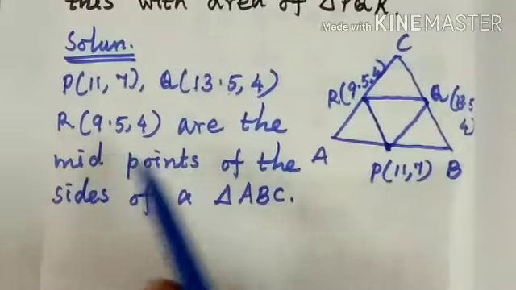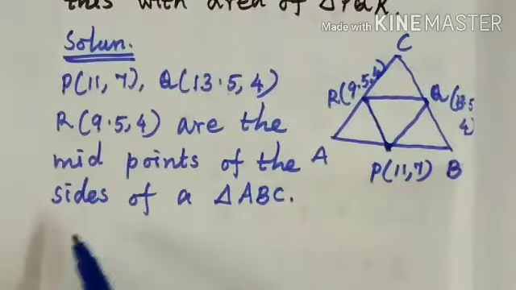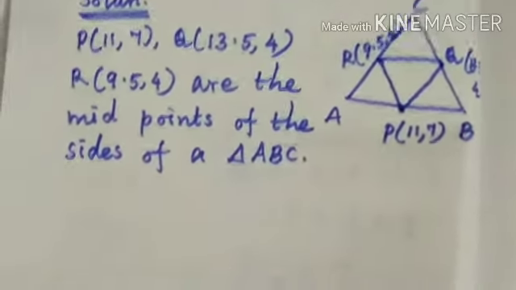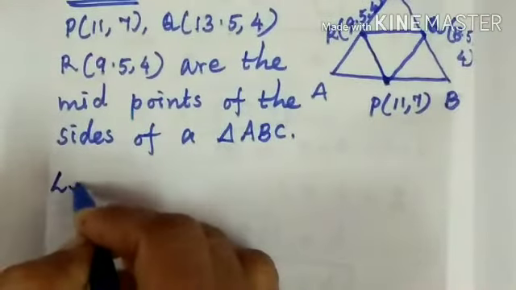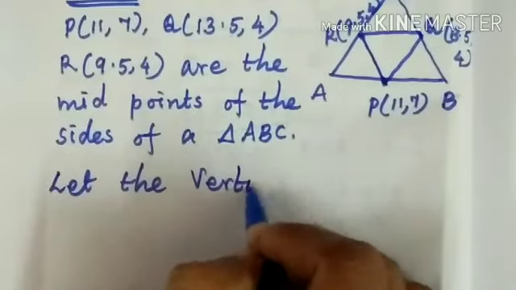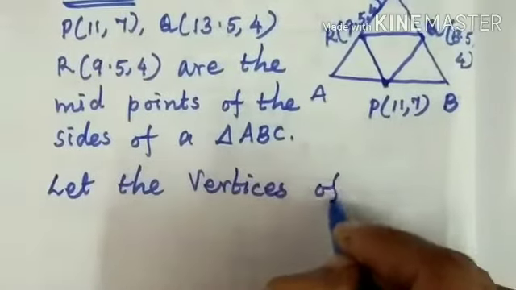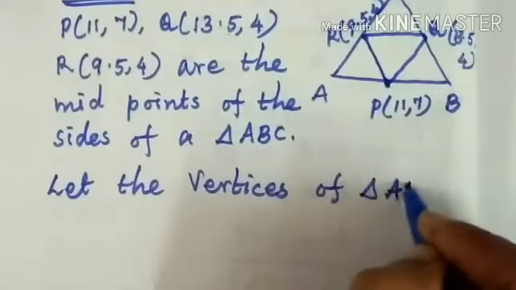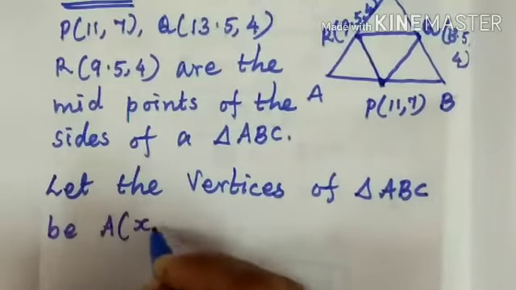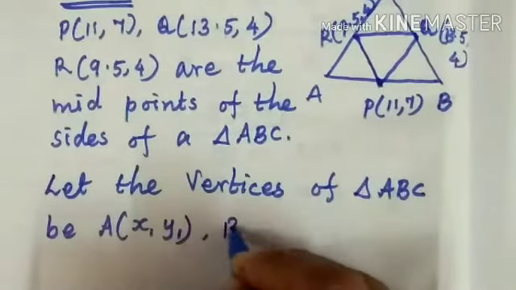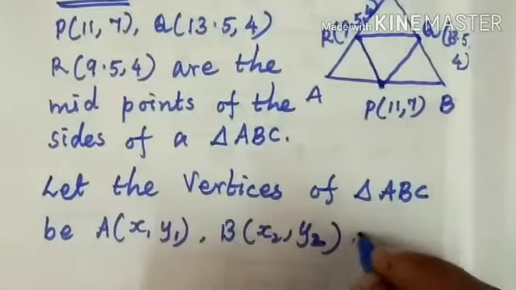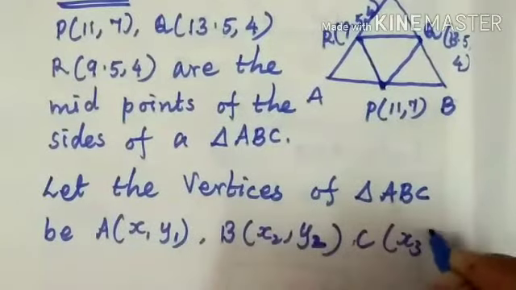P, Q, R are the midpoints of the sides of triangle ABC. Let the vertices of triangle ABC be A (x1, y1), B (x2, y2) and C (x3, y3).